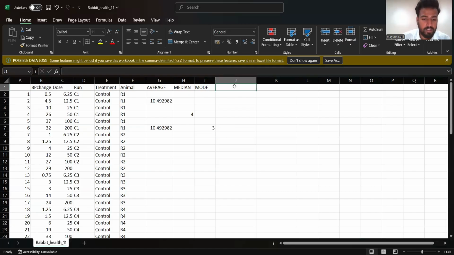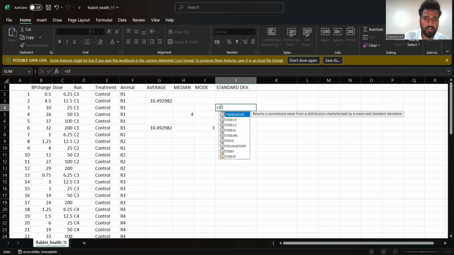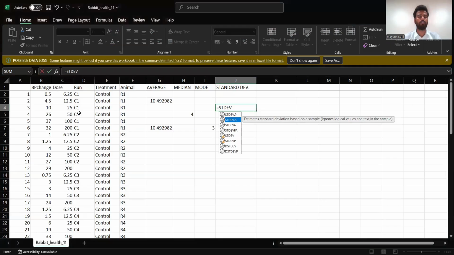Finally, we calculate the standard deviation. The formula is equal to type STDEV.S, because right now we are using sample data. The data we are using is sample data, so that's why we use the formula STDEV.S.